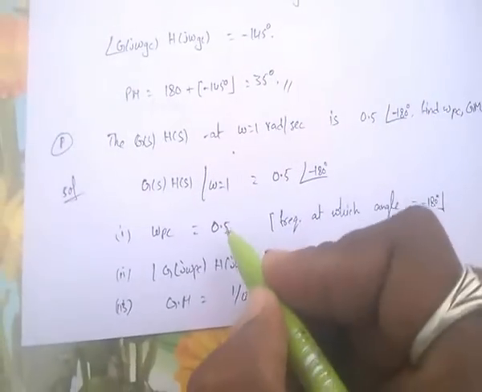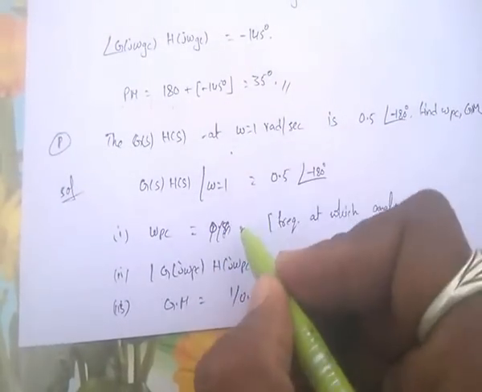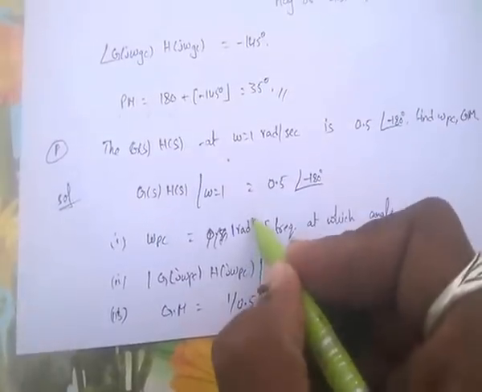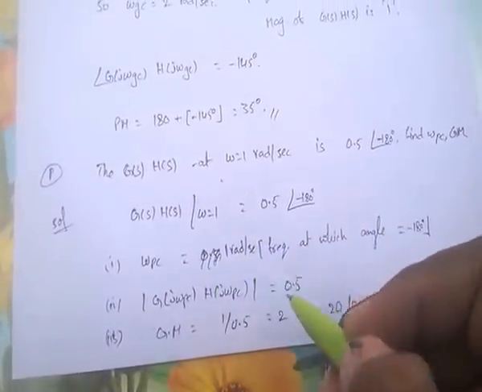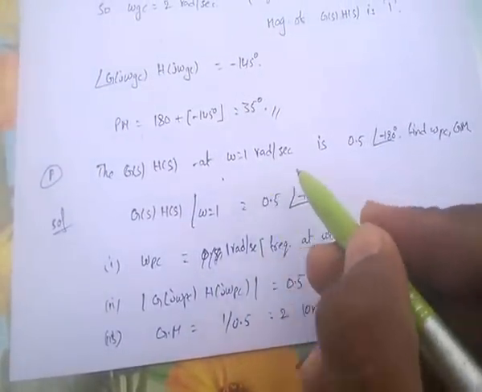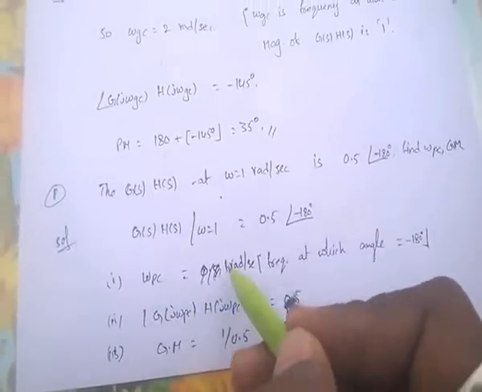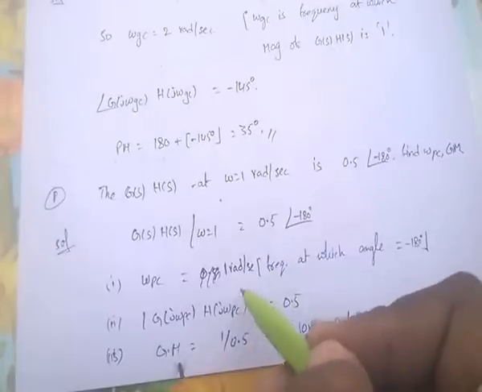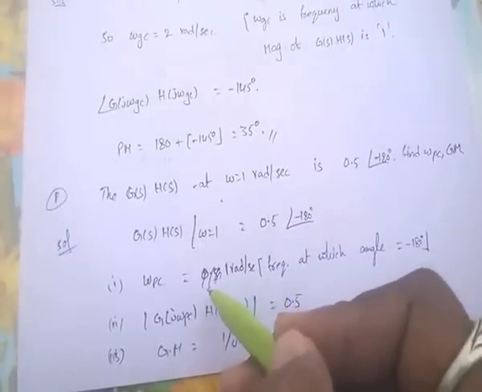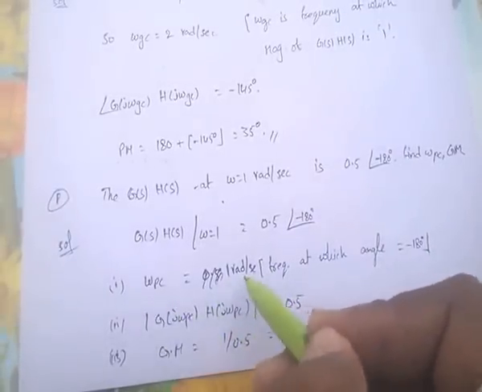Here not 0.5, it is 1 radian per second. Sorry, it is 1 radian per second, because at this 1 radian per second the phase angle is minus 180 degrees. So omega pc is equal to 1 radian per second.